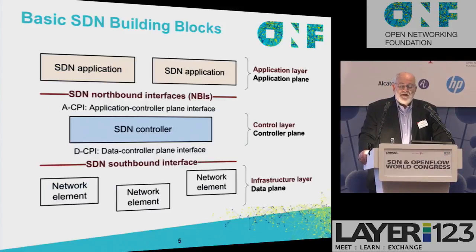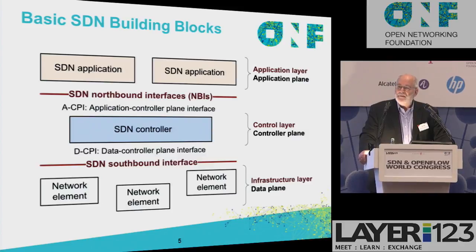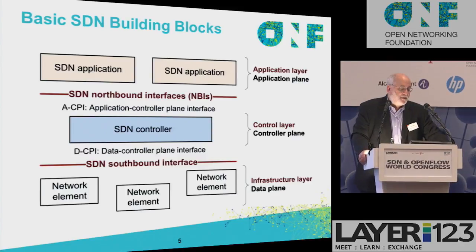These are the basic SDN building blocks, and we've seen these a lot, so I can go through the slide very quickly. We basically have 3 layers or planes. There's the applications at the top, there's the controller in the middle, and there's the data plane at the bottom with the actual network elements such as switches and other hardware. And there are two very important interfaces in between these layers.